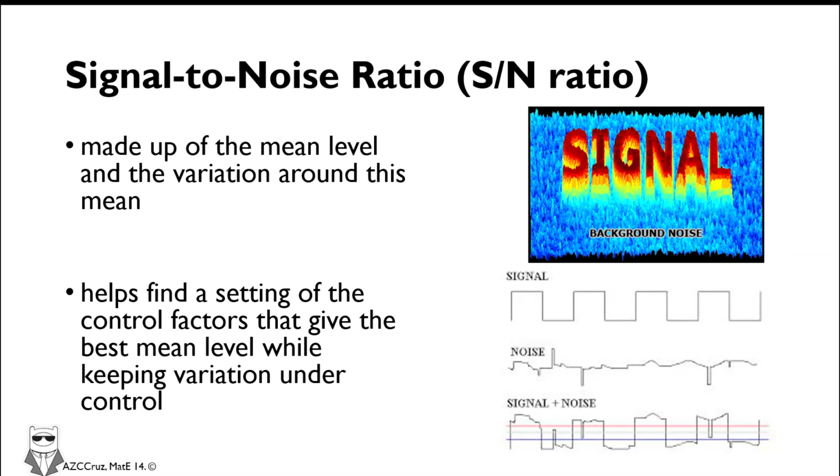So in Taguchi design, for optimization to work, kailangan taasan natin tong signal to noise ratio na to. Okay? So in Taguchi design, for you to be able to say na yung isang factor has a significant effect on the variability of a process, dapat yung signal to noise ratio niya mataas.